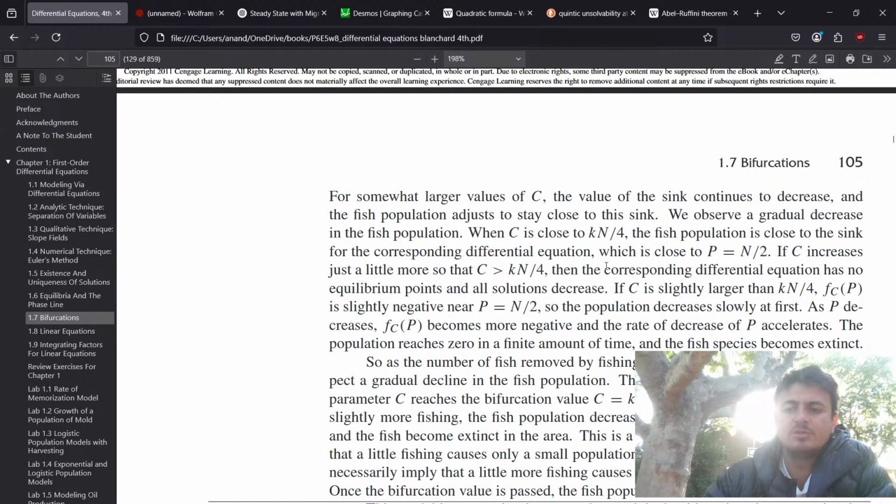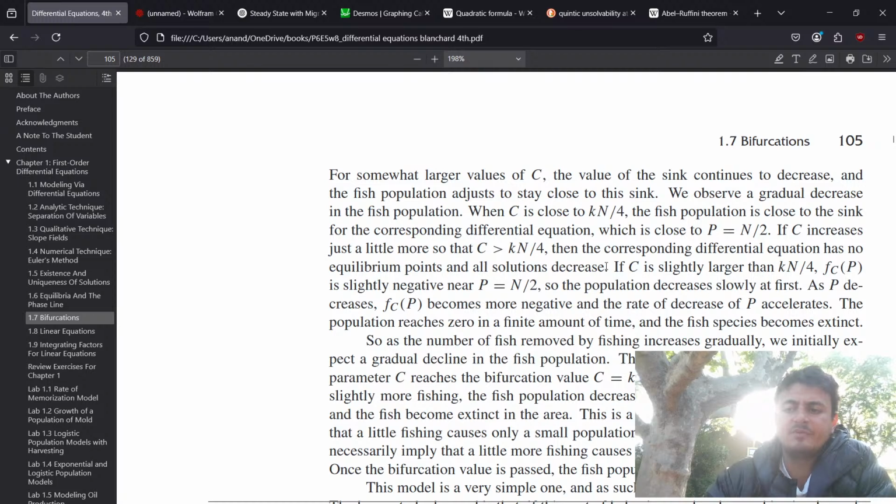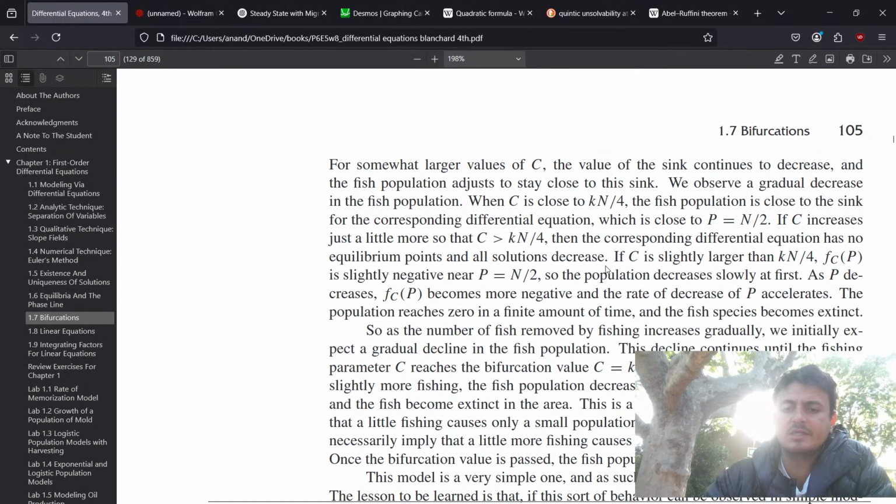When C is close to KN over 4, the fish population is close to the sink for the corresponding differential equation, which is close to N over 2. If C increases just a little more so that C is greater, then the corresponding differential equation has no equilibrium points and all solutions decrease.